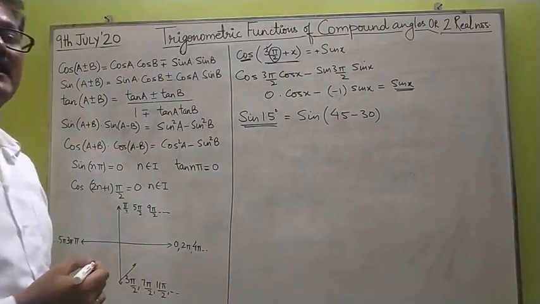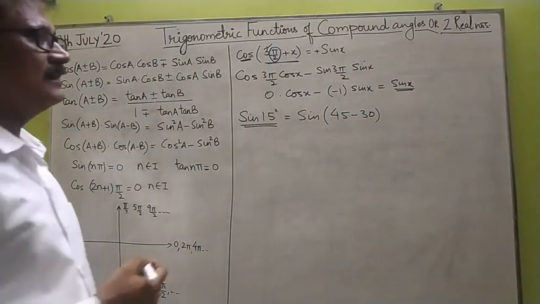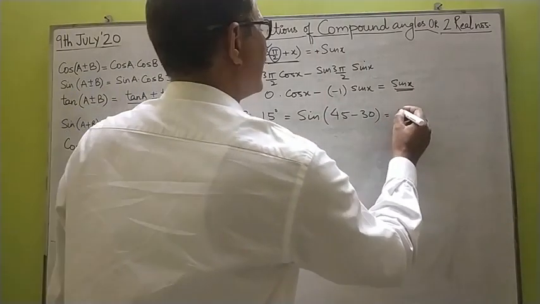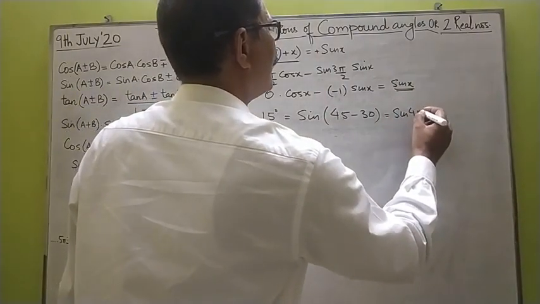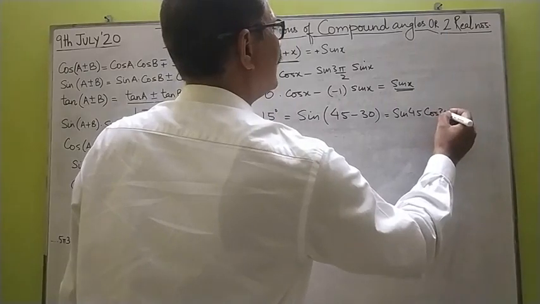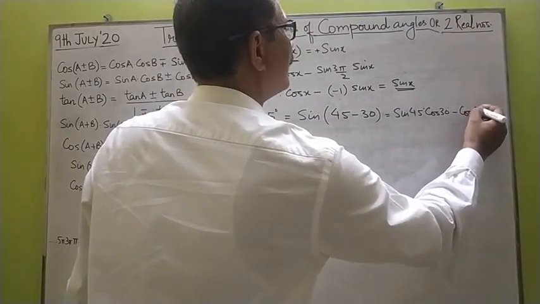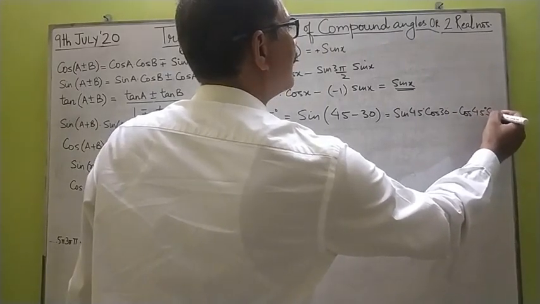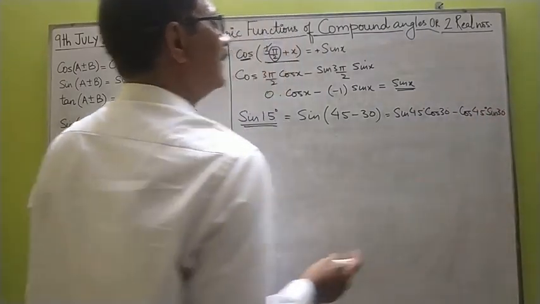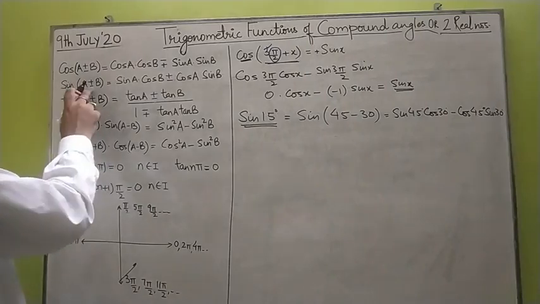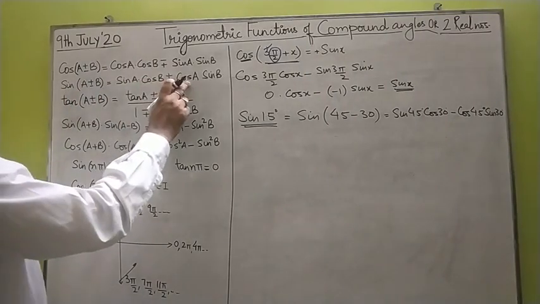So sin 15 can be written as sin of 45 minus 30, and then by using the formula of sin of a minus b, sin a cos b minus cos a sin b, we can write this as sin 45 cos 30 degrees minus cos 45 sin 30 degrees.